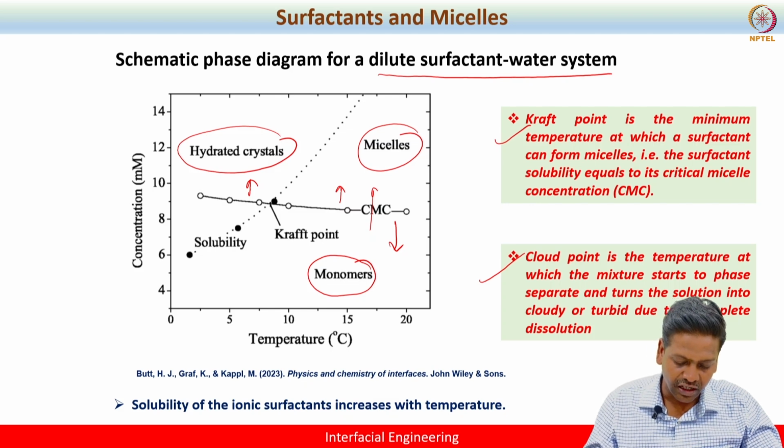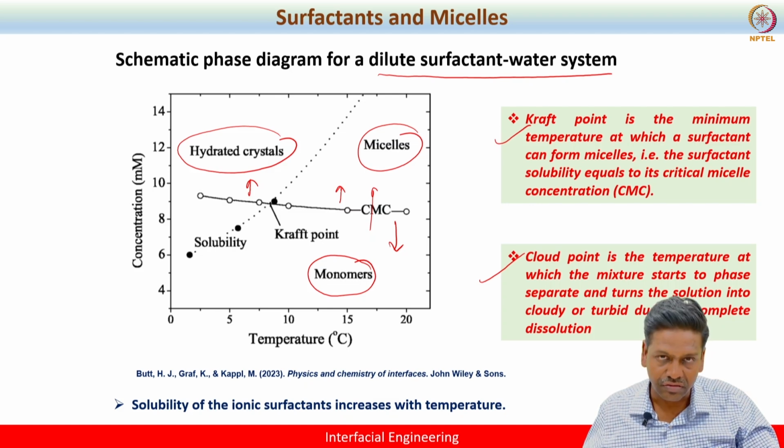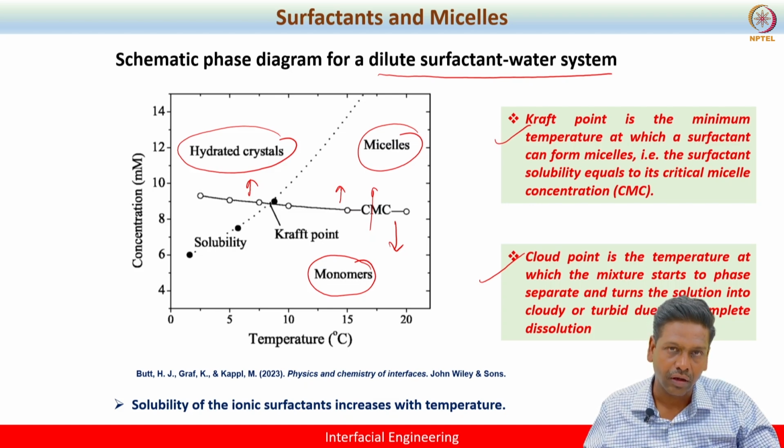This phase diagram is very important so that you know the operating parameters, temperature and concentration. One has to fix the temperature and concentration if you are interested in achieving one of these states.